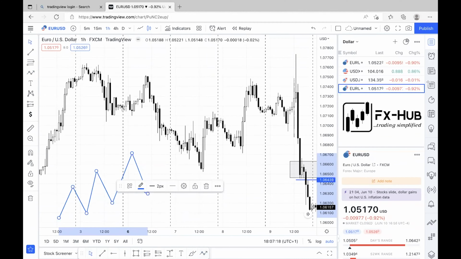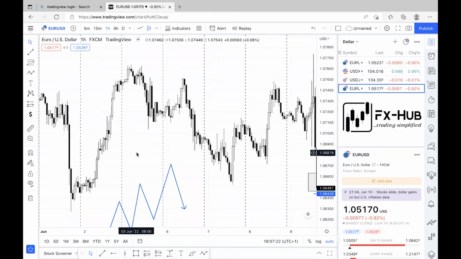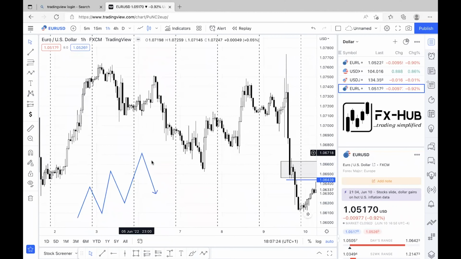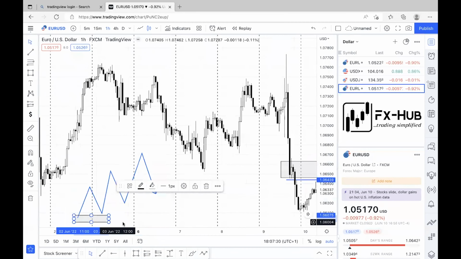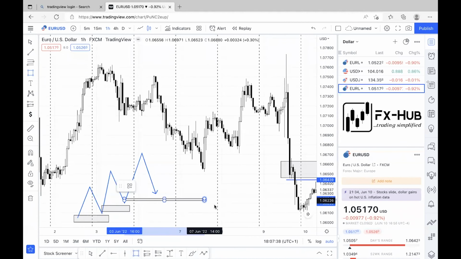If you have something like this in the market, let's say this is a bullish trend. Being a bullish trend, look at where our concern is actually based. Our concern should be at the higher low, and a higher low.